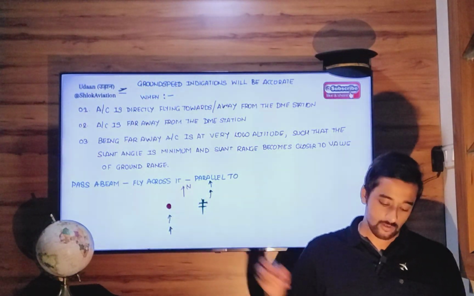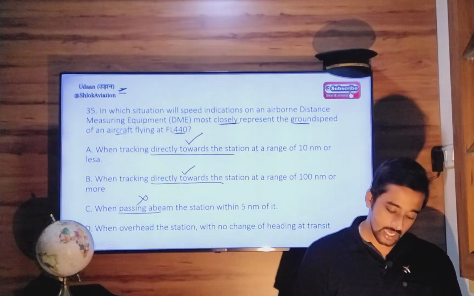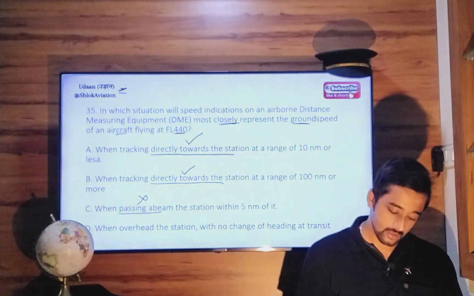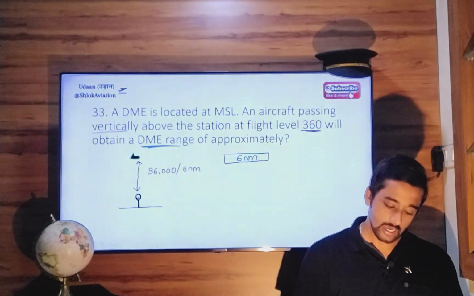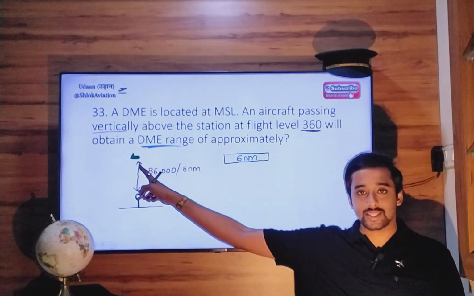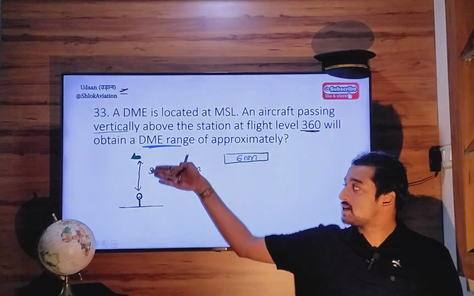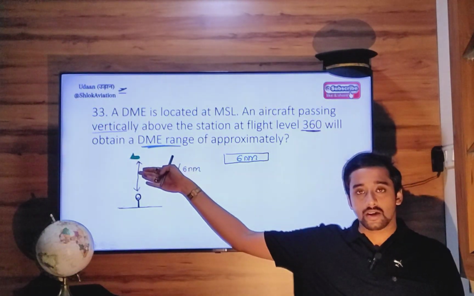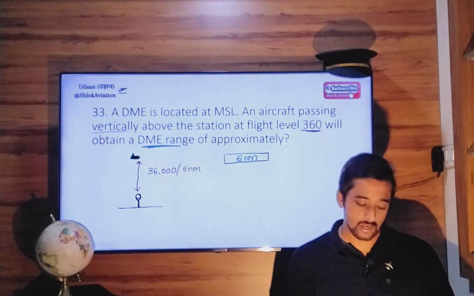When it is flying parallel, the indication will be wrong. When overhead the DME station, that is also wrong. Whenever aircraft is overhead a DME station like this, the slant range is nothing but the vertical distance of aircraft above the DME station. So ground speed won't be calculated.